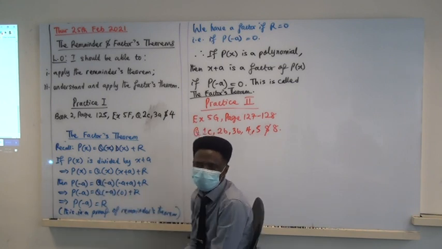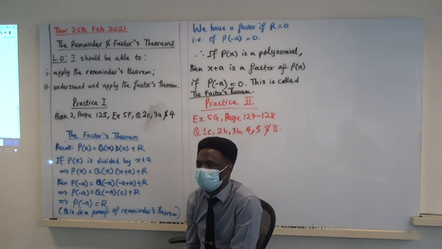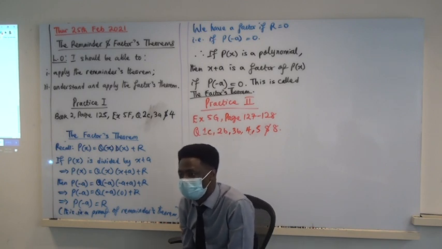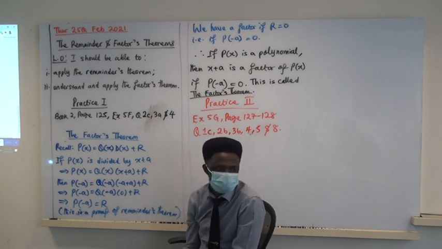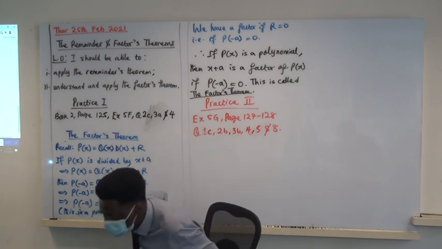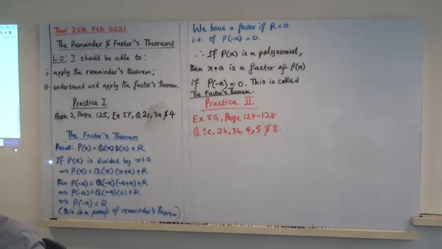In general, your remainder is the final answer, isn't it? Do you get 0? Yes. Okay. So since the remainder is equal to 0, then it is a factor. Something like that.